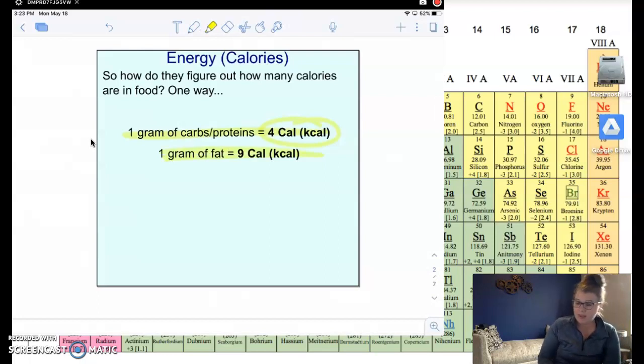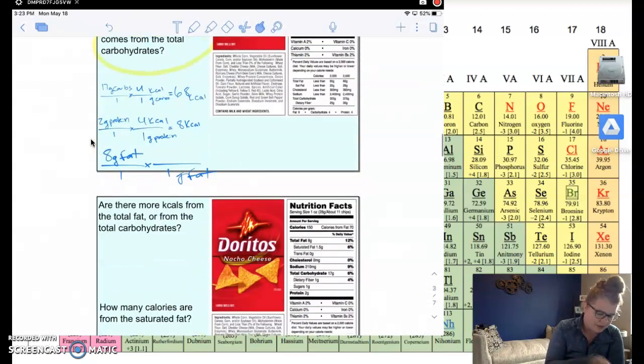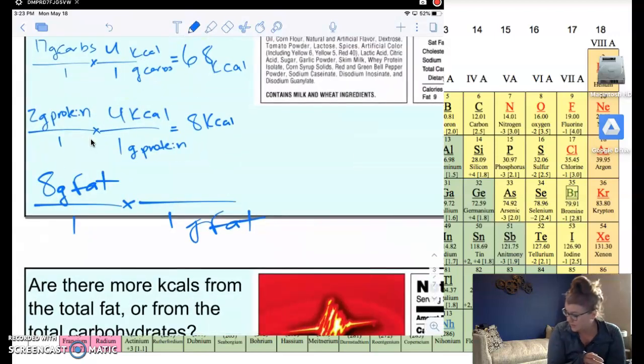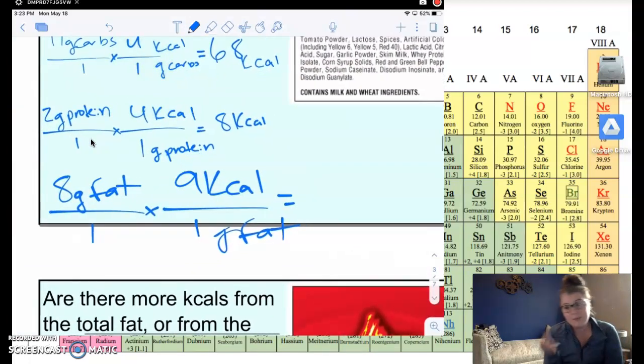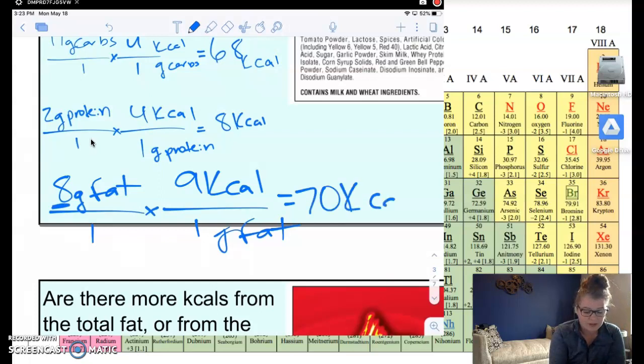So 1 gram of fat is going to provide more energy than a gram of carbs or a gram of protein. So if we go ahead and come back down here, 1 gram of fat, yes, isn't that interesting? 1 gram of fat is equal to 9 kilocalories. So 8 times 9 is 72. But let's follow sig figs, only one sig fig, so 72 would go to 70.